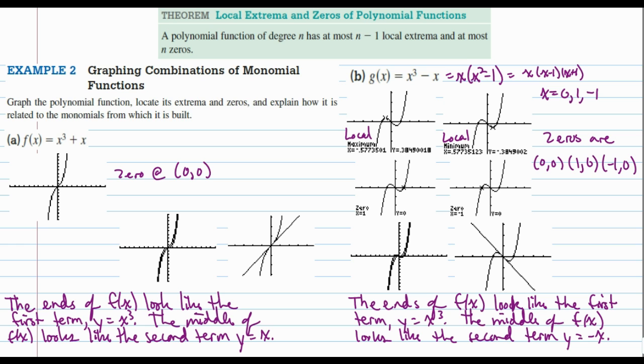It also has at most 3 zeros. So there are 3 zeros here in example B. But in example A, there's only 1 zero, not 3. And there aren't any extrema. So again, at most, a polynomial has n minus 1 local extrema and at most n zeros.